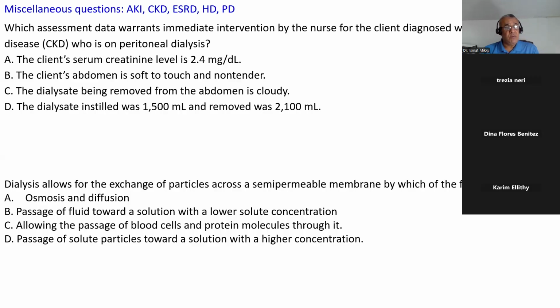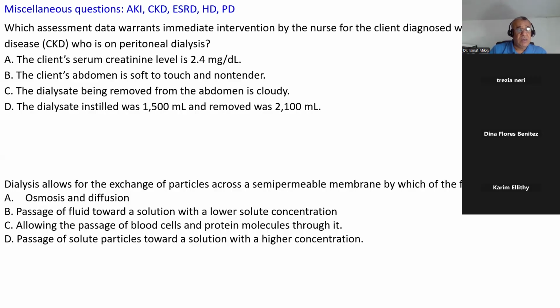Osmosis allows for the removal of fluid from the blood by letting it pass through a semi-permeable membrane to an area of high concentration, which is the dialysate. Remember that dialysate is a hypertonic solution, so it pulls the excess fluid from the blood by osmosis.